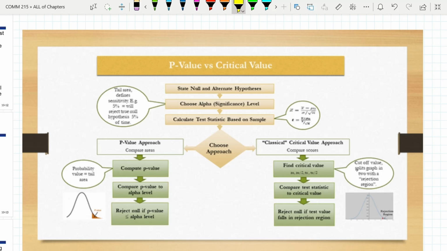So you state the null and alternative hypothesis, choose your alpha, and calculate your test statistic, which I'll explain later, which is either your z-score or t statistic. From that, you can find your p-value approach or your critical value approach, which some people like to call the classical approach. So hopefully this image helps you understand more how to use the p-value compared to the critical value.